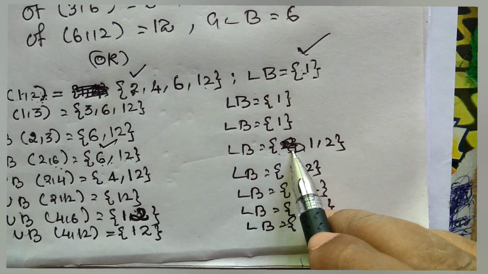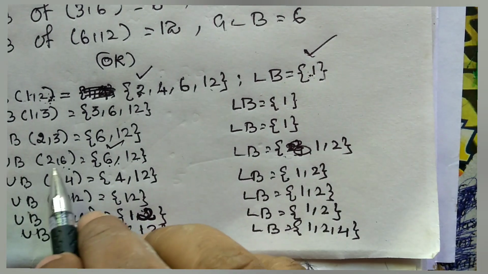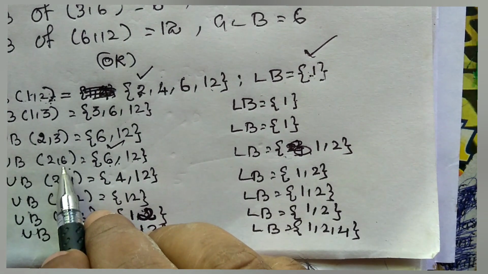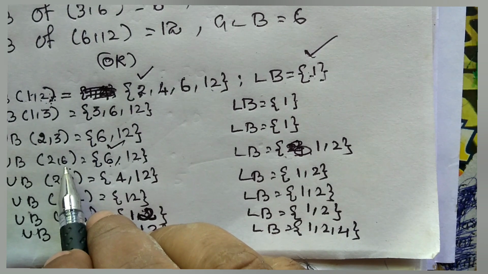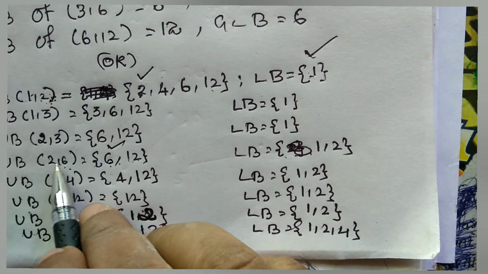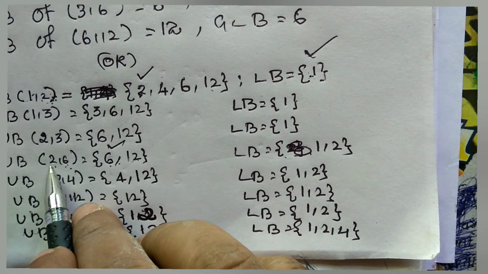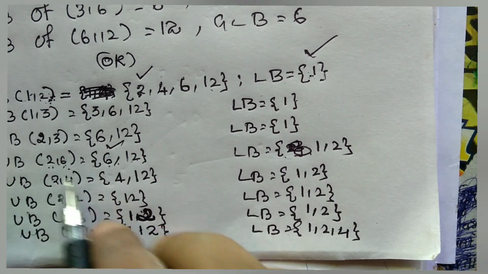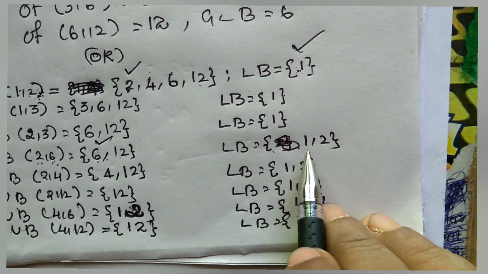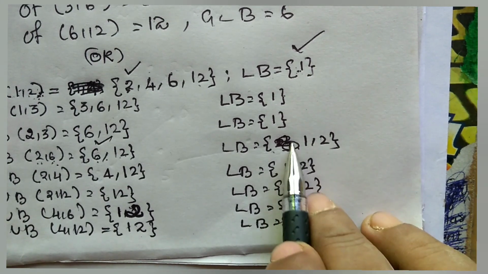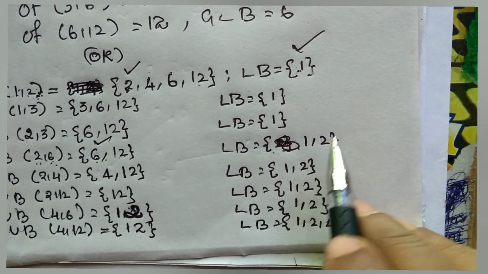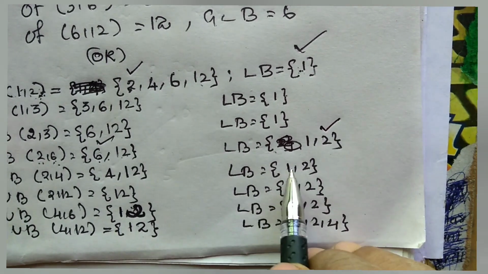And what is the lower bound? The numbers which divide both 2 and 6. 1 divides 2 and 6, and 2 divides 2 and 6. So the lower bounds are 1 and 2. From these we take the greater one for the GLB, which is 2. So the GLB of 2 and 6 is 2.